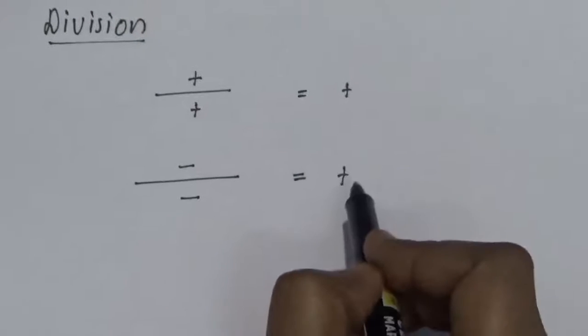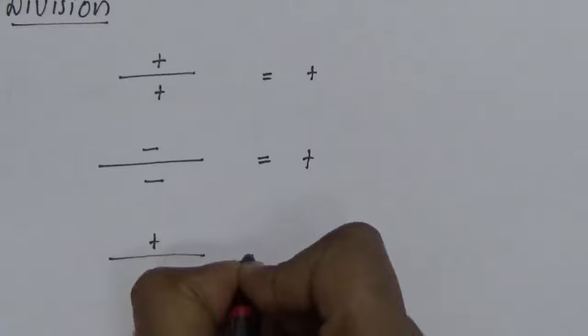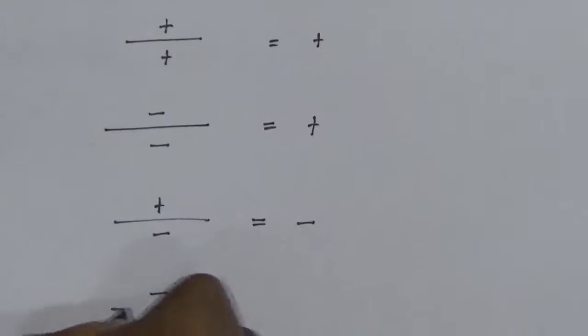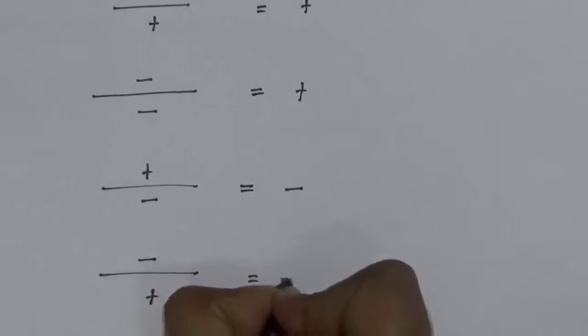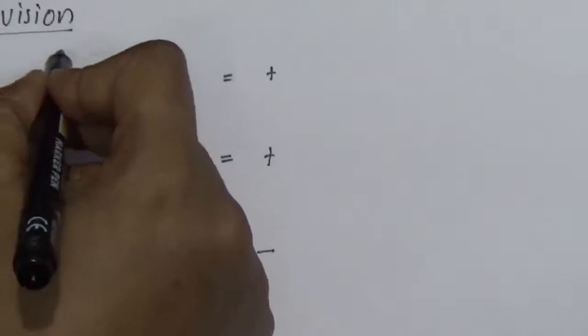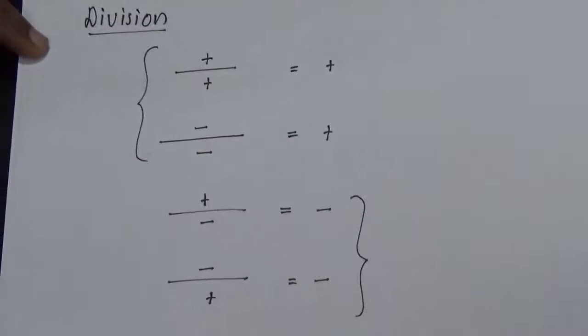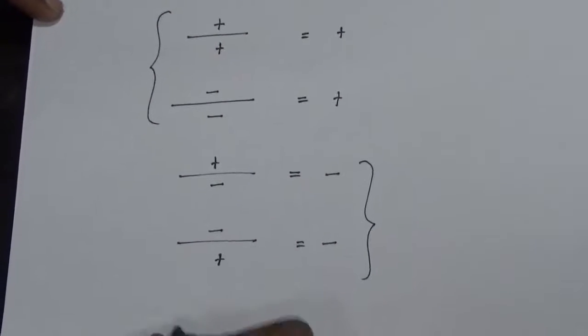And plus by minus is minus. Minus by plus is minus. If the numbers are of different signs, then the quotient will be negative.